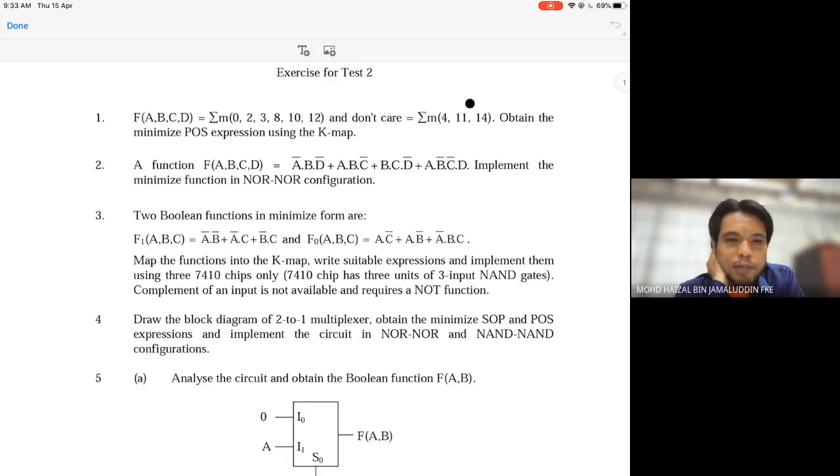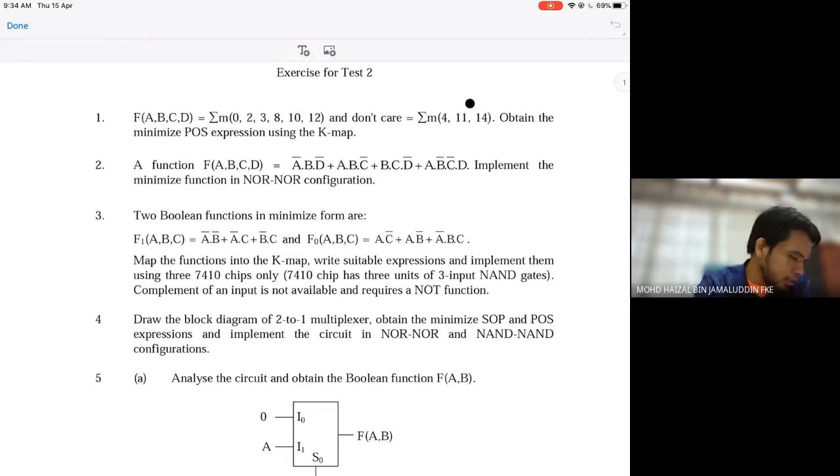That means after you minimize the equation, you need to make it suitable for NOR configuration. So if the equation is in AND form, you need to convert it into NOR. NOR means A plus B with the bar on top. That is the NOR equation.